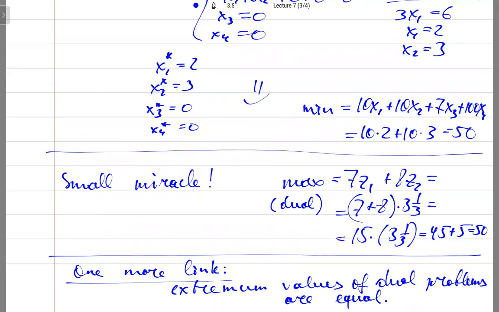So if the goal on the exam, for example, or in some machine learning tests, is just to find the value of the extremum, then we need to solve only the dual. We even don't need to go back to the original problem.